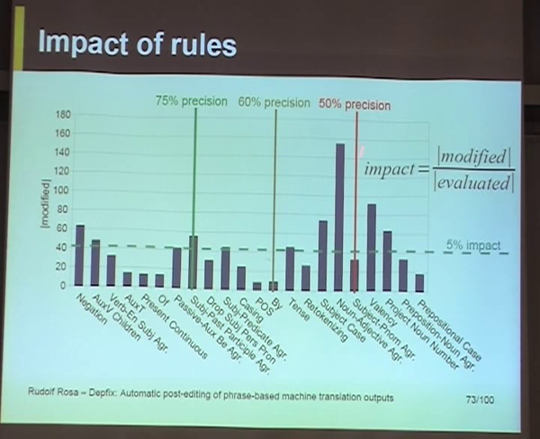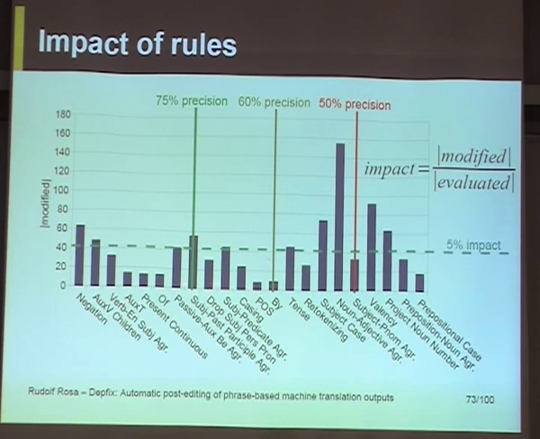Unfortunately, we can see that actually this rule is very close to this 50% precision line, but still it's above it, so it means that overall it improves the translation. So then it's a good one because it can improve a lot of sentences. We can see some other rules.